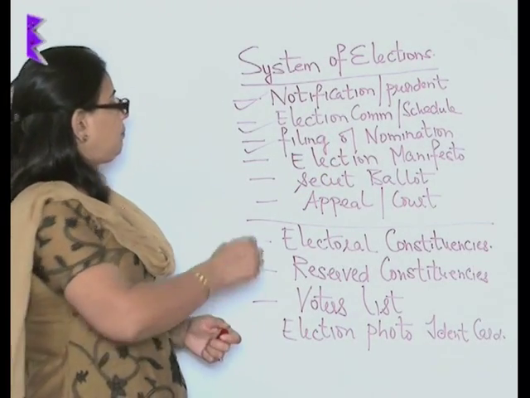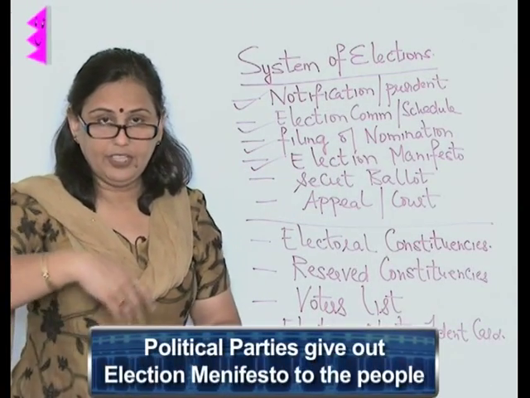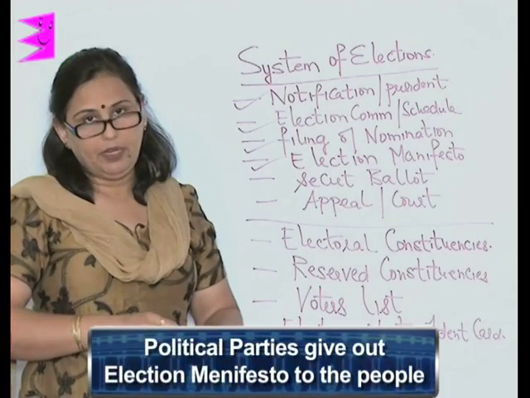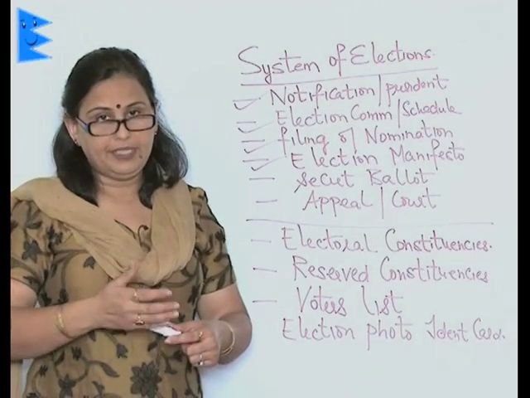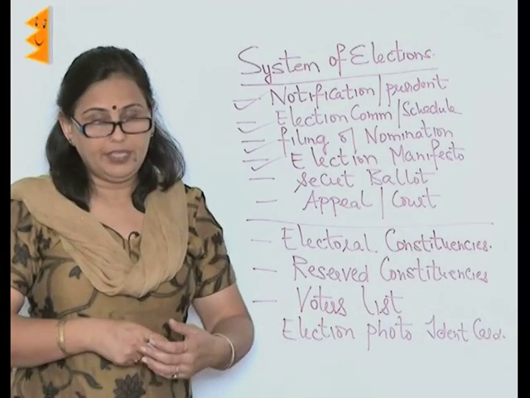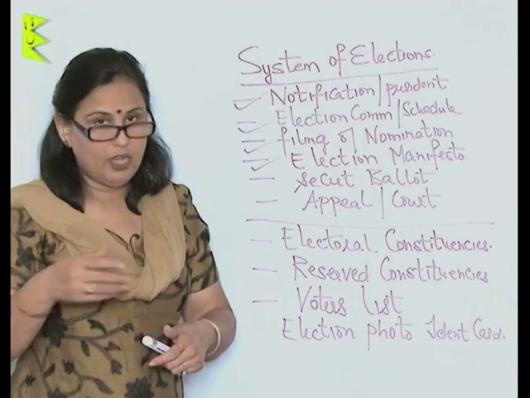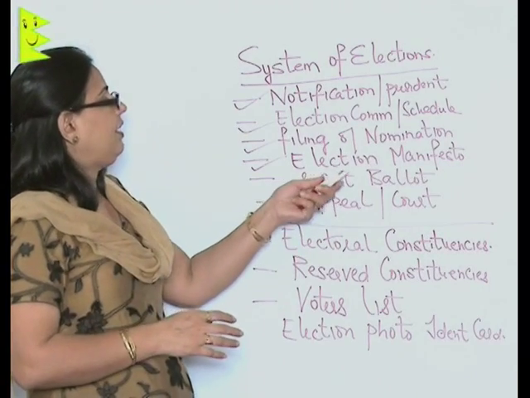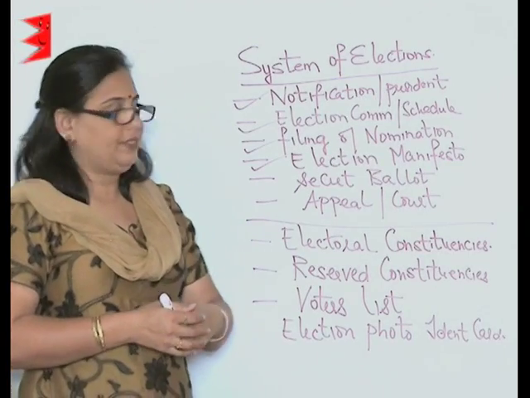After that, the political parties give out the election manifesto to the people. That is the terms, the promises, what all they are going to do once in power. That's called the election manifesto. It comes out immediately after their candidates have filed in the nominations.